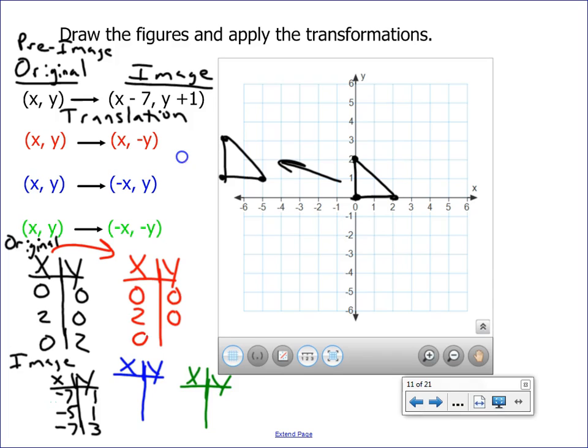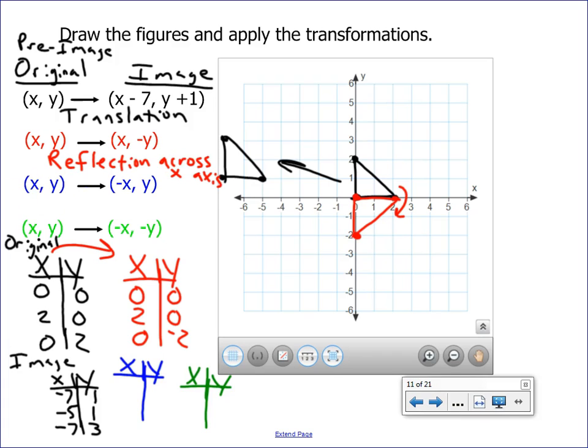And 0, 2 becomes 0, negative 2. Graph those. And what does it look like? It looks like it flips over the x-axis. That would be a reflection across the x-axis.